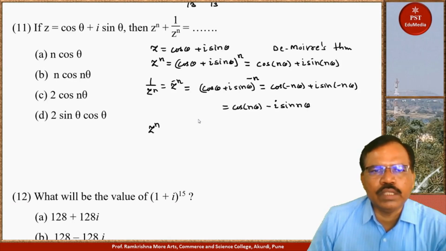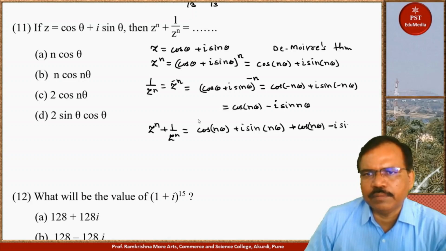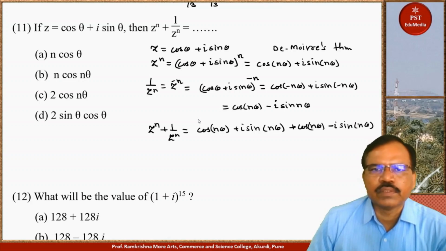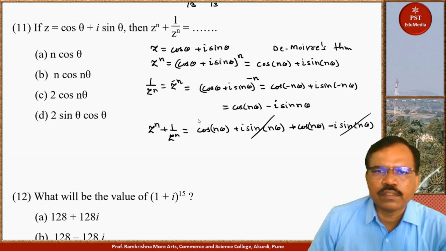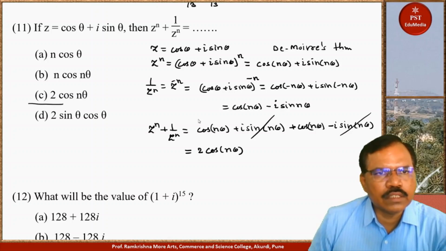So z raised to n plus 1 by z raised to n is equal to cos n theta plus i sin n theta plus cos n theta minus i sin n theta. So now this one will cancel with this, and we'll get 2 times cos n theta. So here this third one is correct.